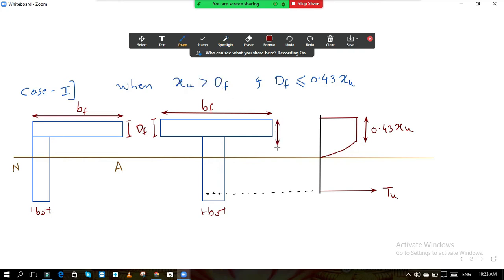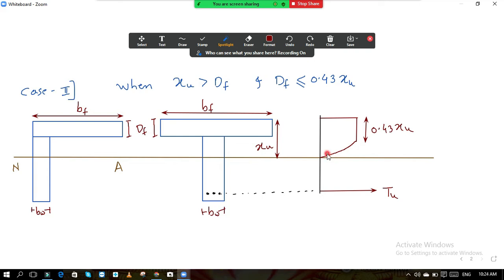This is your Xu from top up to the neutral axis. Now you can see your Xu is greater than Df. Then Df must be less than or equal to 0.43 Xu. So this is your 0.43 Xu distance, and here it is the Df. So both the conditions are satisfied, then this type of diagram will be there.